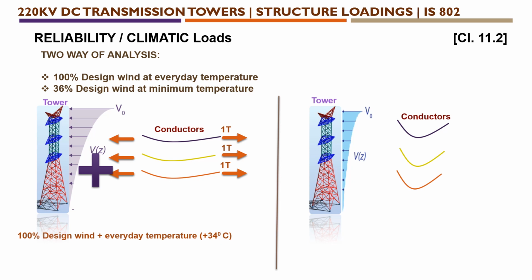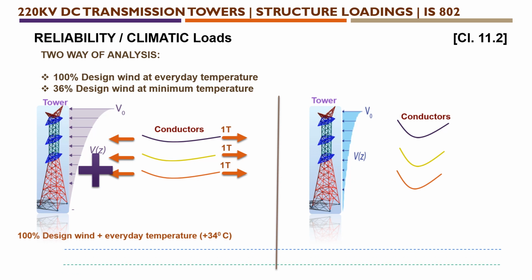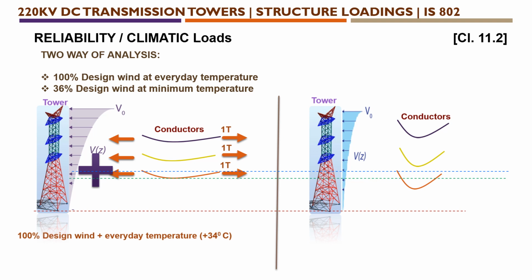So in order to minimize the sag, say for example, you can see 3 datum lines here. At the bottom level you can see the ground level in a red dotted line. In both cases, both the two ways of analysis, the tower is kept in a red datum line.